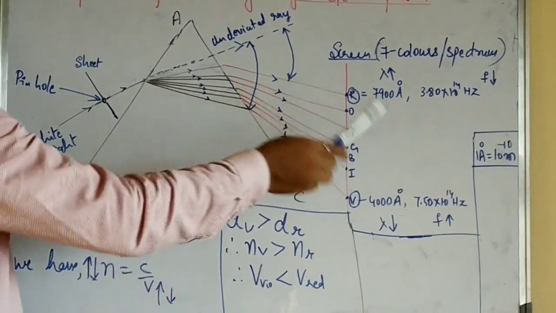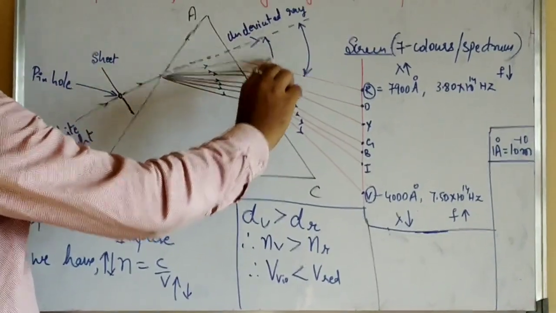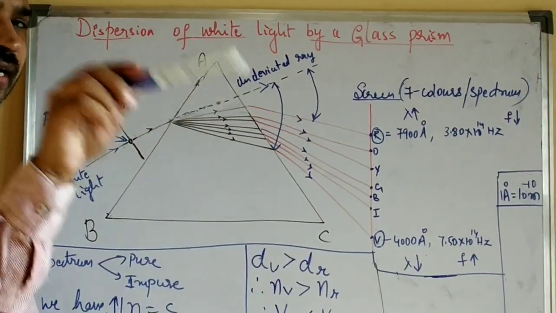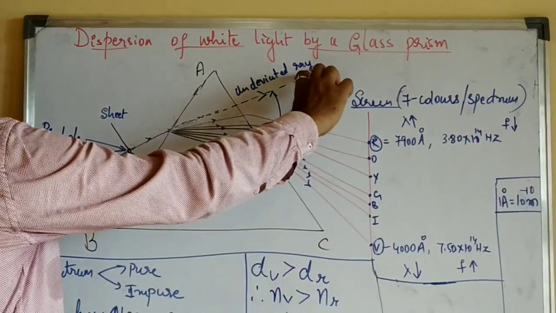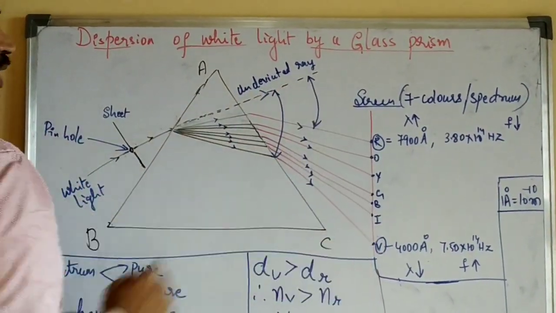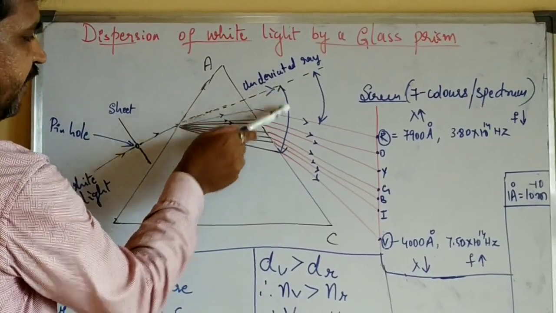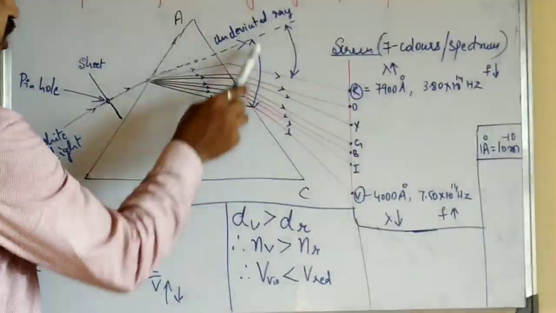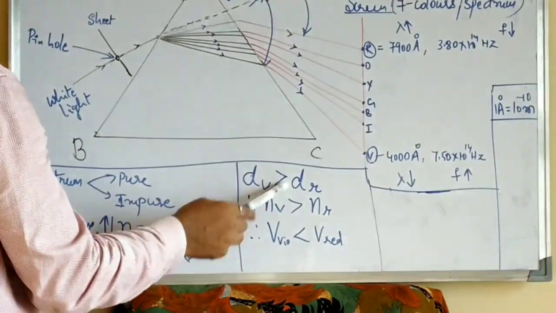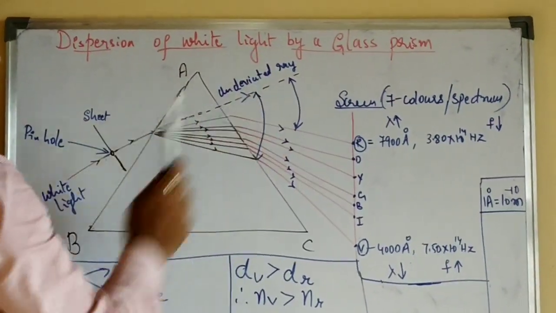Violet has maximum deviation. Red has least deviation, meaning a lesser angle. Violet has a greater angle from the undeviated ray. So the deviation of violet is greater than the deviation of red.